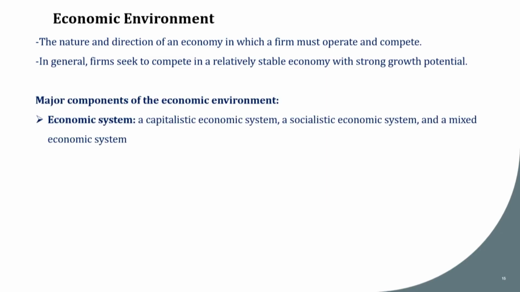So the major components of the economic environment include, the first one, the economic system. Economic system means whether we are living in a capitalist economic system like US, Canada, UK, Germany, or a socialist economic system like Russia and some Latin American countries, Cuba, or a mixed economic system like India.